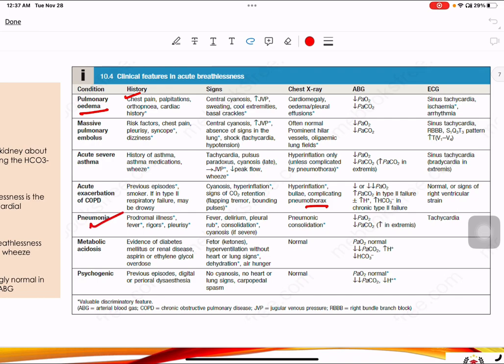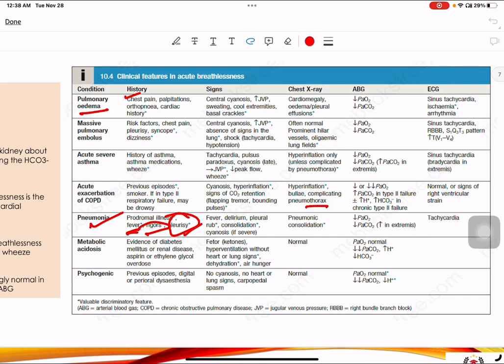So pneumonia can lead to shortness of breath. A patient may have fever. Fever is very important for pneumonia, with chills and rigors. So there will be productive cough and pleurisy, that is the pleuritic chest pain the patient may have. On examination, the patient will be febrile.